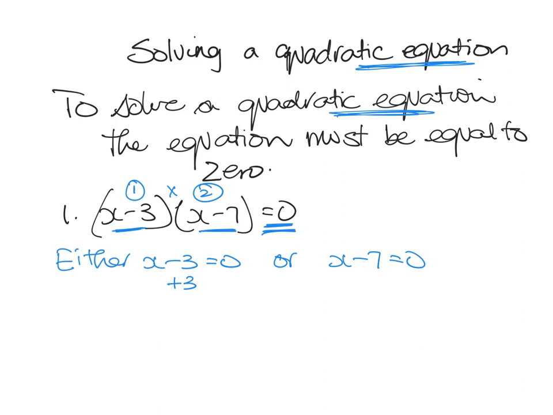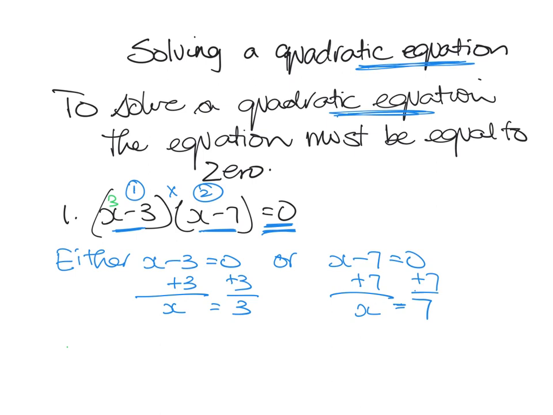I will add 3 to both sides, and I will get that x is equal to 3. In this one, I would add 7 to both sides, and I will get that x is equal to 7. For this quadratic equation to be true, if I put x as 3, then this bracket becomes 0, and I get 0 from the second bracket multiplied, and the answer will be 0.